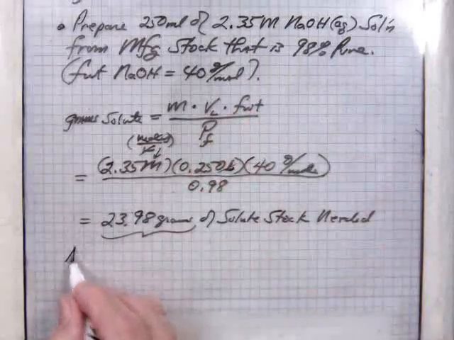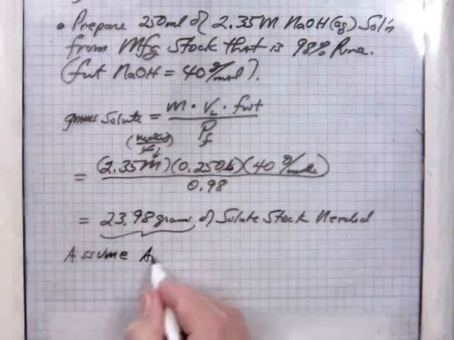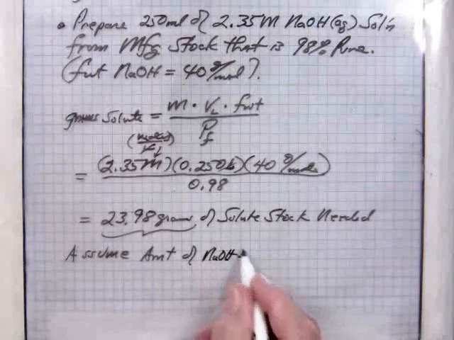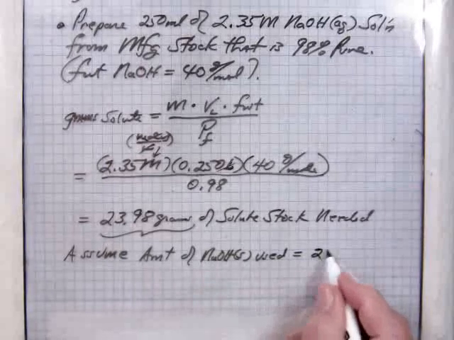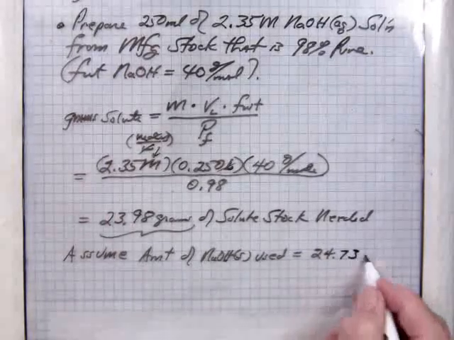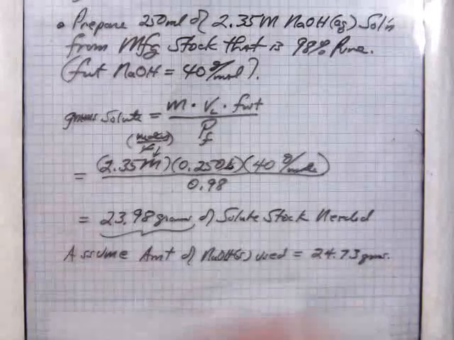But assume, for argument, the amount of sodium hydroxide solid used was 24.73 grams, and you diluted that to 250.